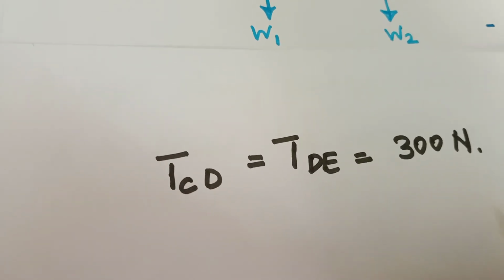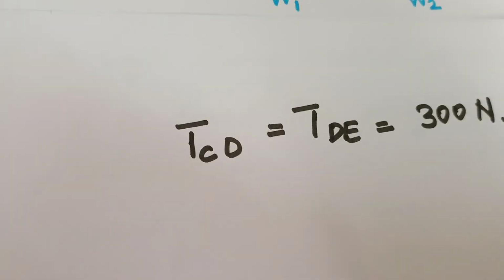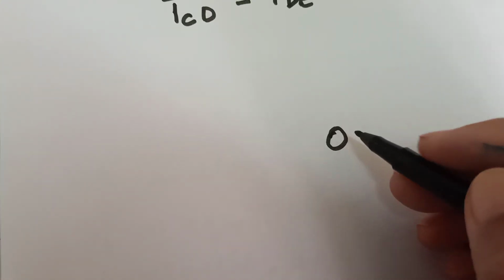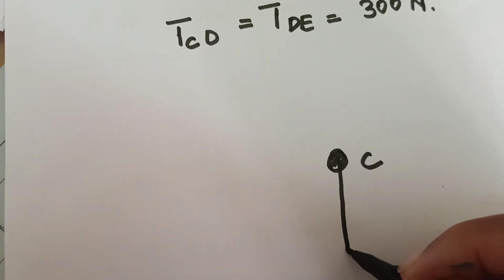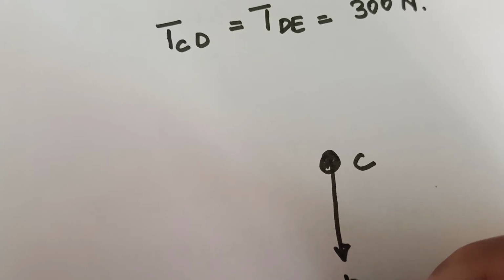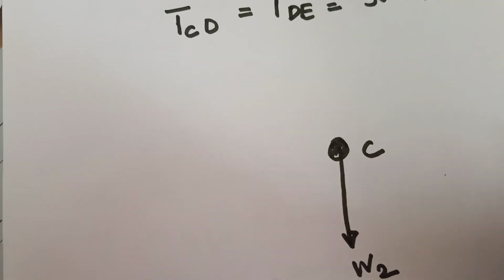Now I want to draw the free body diagram of point C. So we'll take this as point C. It has a weight of W2 in the vertical downward direction.